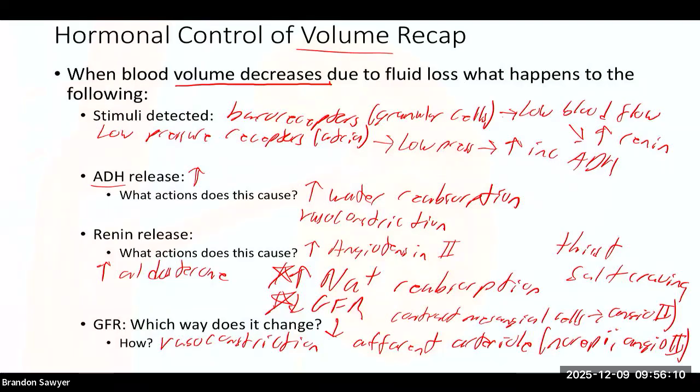So we make the glomerulus less permeable, and we send less blood in there, so we decrease hydrostatic pressure. So we're going to decrease our GFR with those two primary ways. Okay, what questions do we have on that?